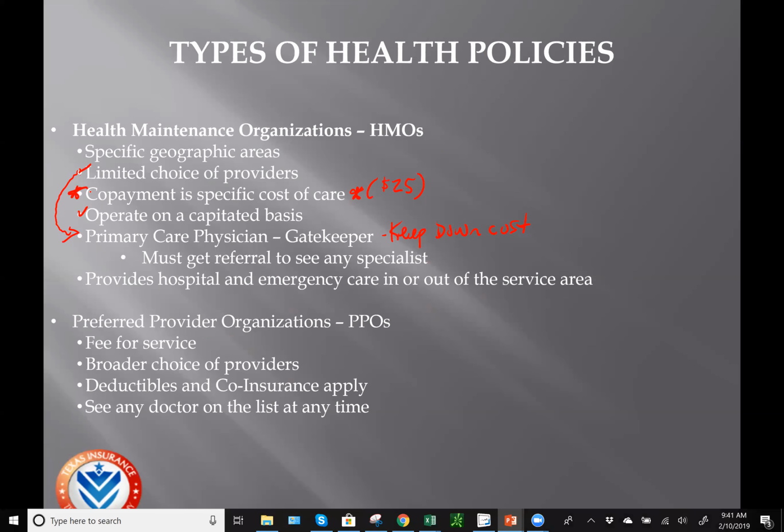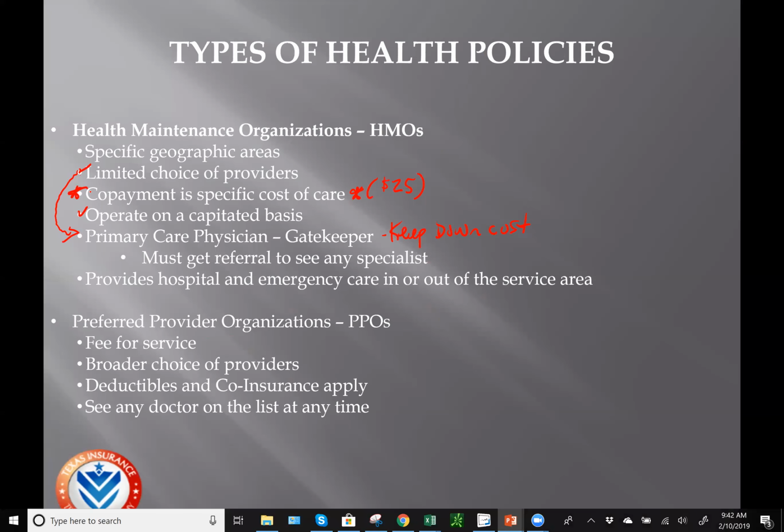Now, HMOs, remember, they're all about specific geographic areas. You've got to live within their specific geographic area to get service. However, you do need to know for your test, it's very important that HMOs must provide both emergency care and inpatient hospital care in or out of the service area.